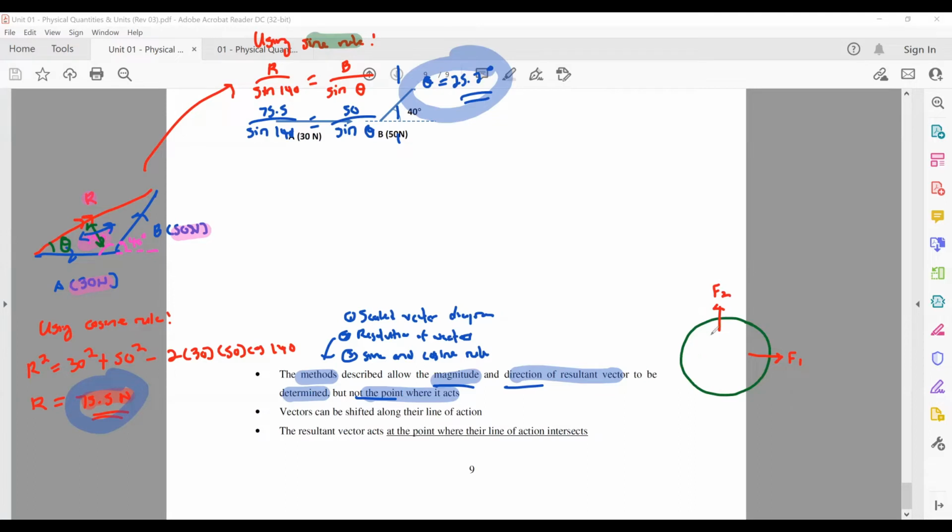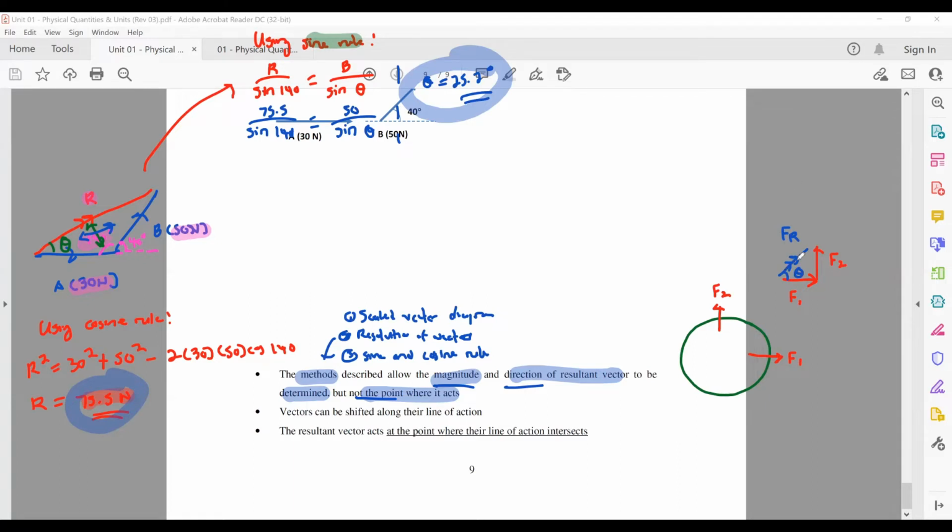If I were to ask you to find the resultant force, its magnitude and its direction, you could easily tell me that if I draw the vectors head to tail, F1 followed by F2, my resultant would be this line here, given by this angle.